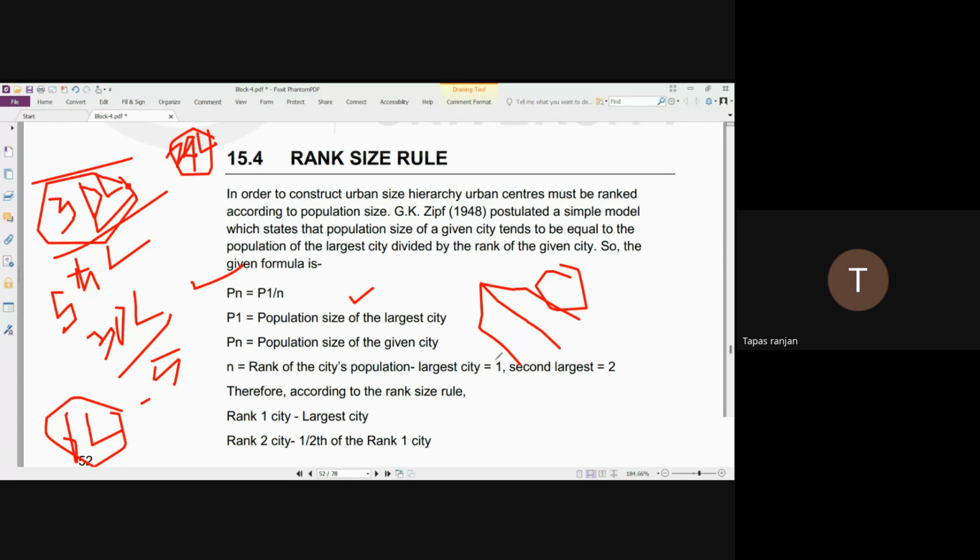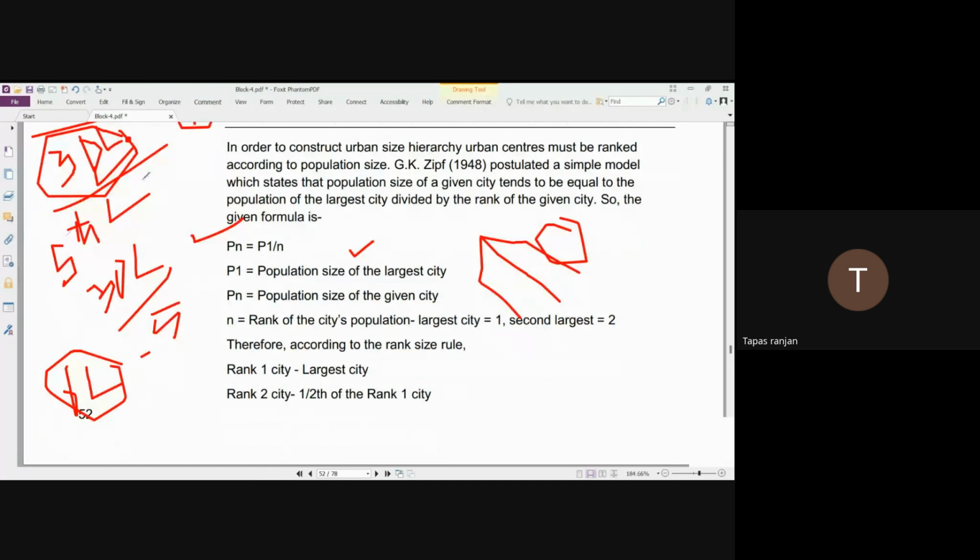And the primate city concept has been given by Mark Jefferson, and that is basically if the population size of the first city is more than double of the second city, and even more than 5 times the third city. So this is your primate element, and there will be urban supremacy.